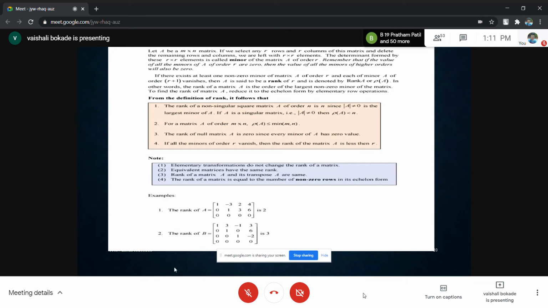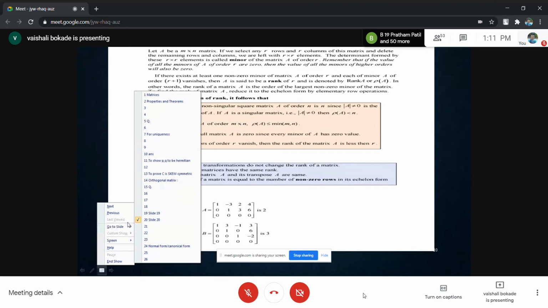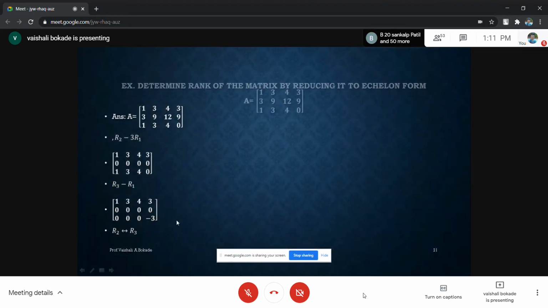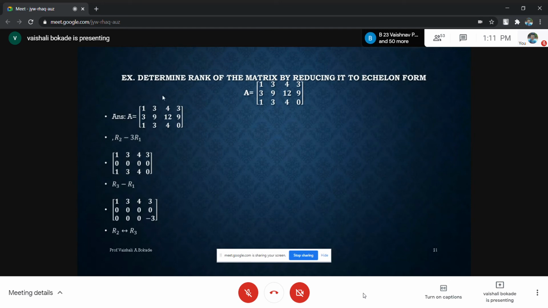Let us go for an example here. See, this is a 3 by 4 matrix. This type of example will definitely be asked for 6 to 8 marks in the question paper.